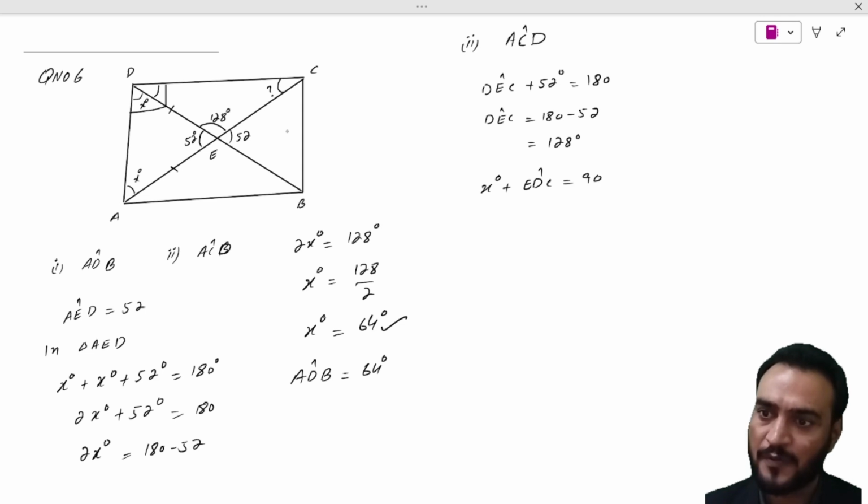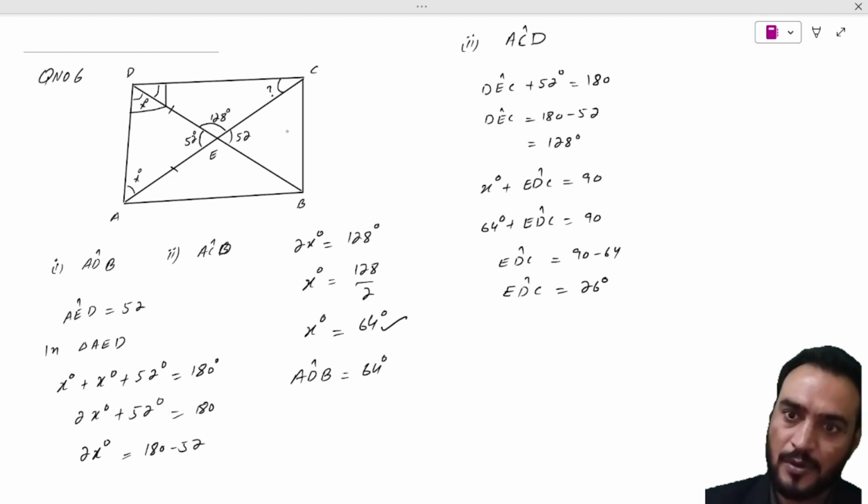So what is the value of x degree? It is 64 degrees, plus EDC equals 90 degree. We subtract 64 from 90 to get the value of EDC equals 90 minus 64. Subtracting 64 from 90, we get EDC equals 26 degrees. So this angle is equal to 26 degrees.